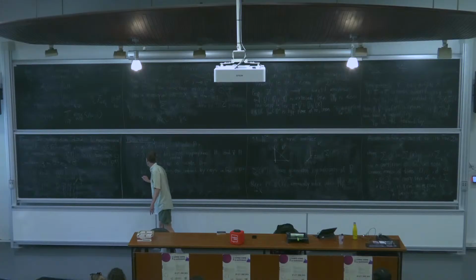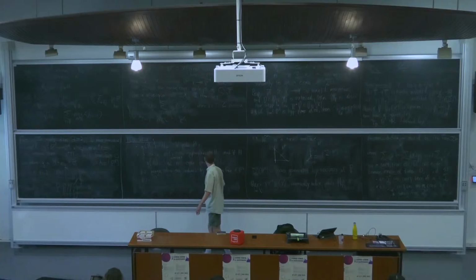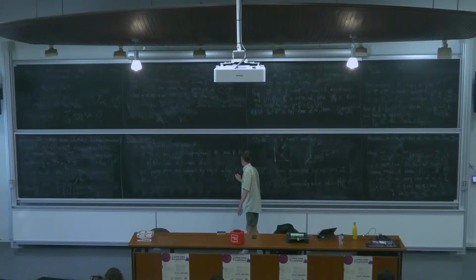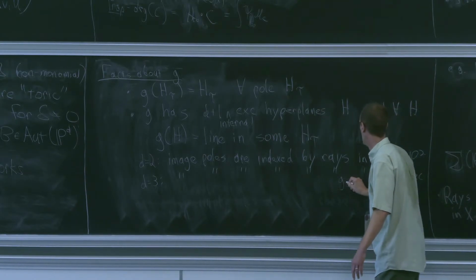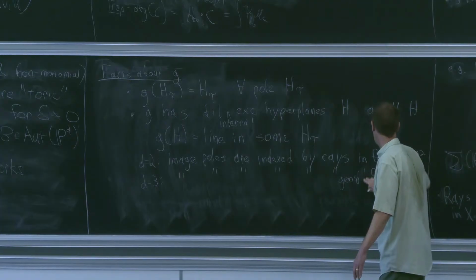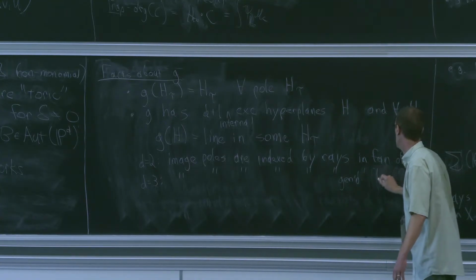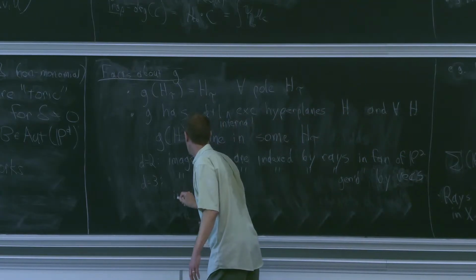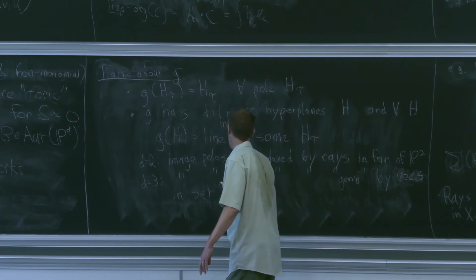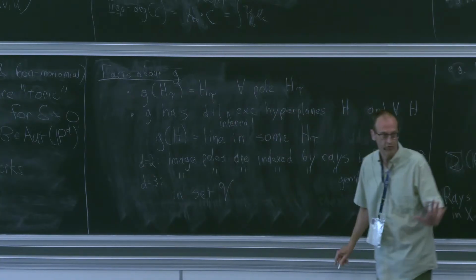Okay, if d equals 3, it's generated by 4 vectors.